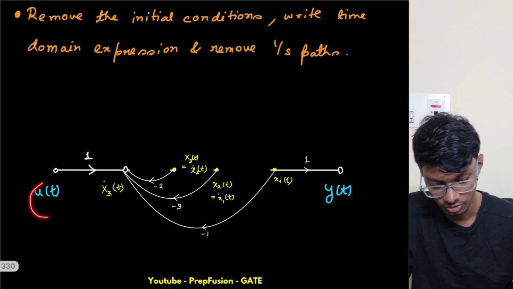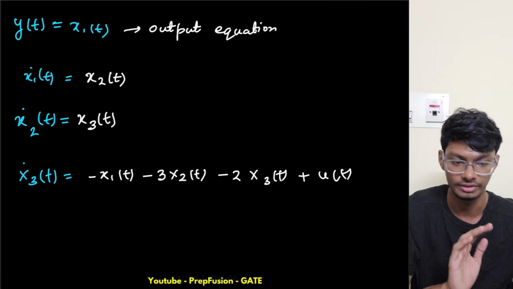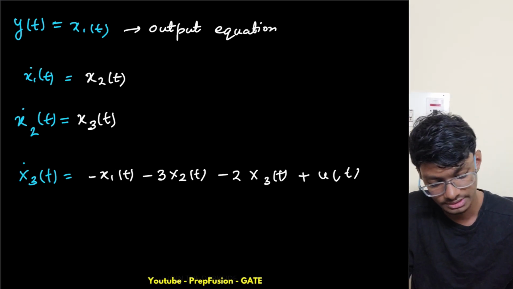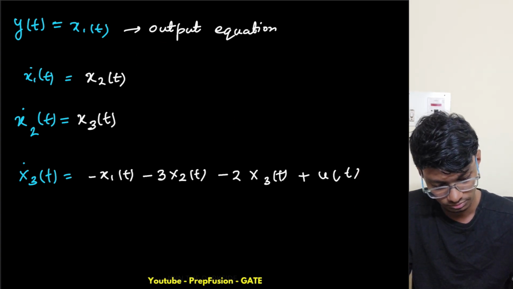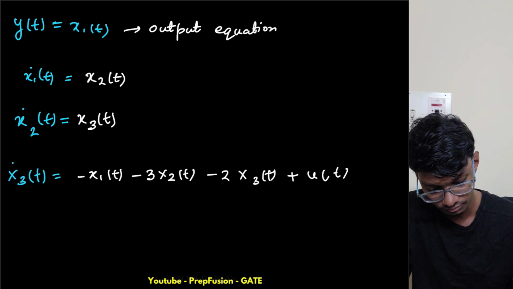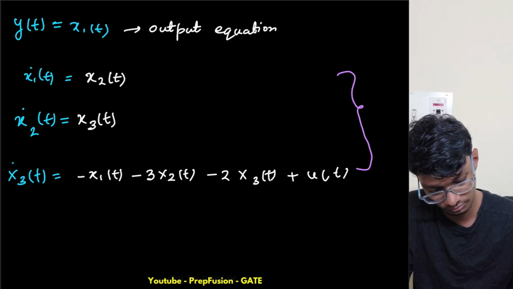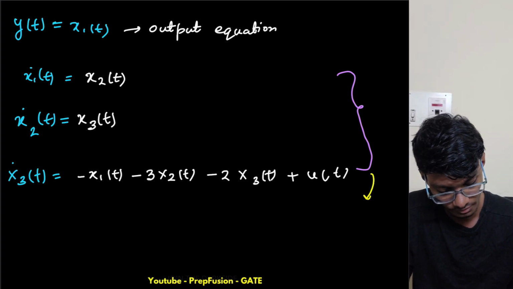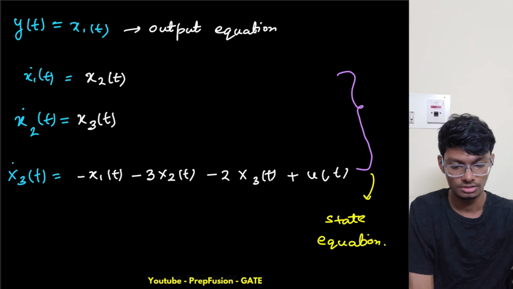We are adding u of t with this, so we also have the input 1 times u of t, which is u of t itself. So these are my state equations, and this is the output equation. This is my state equation basically.